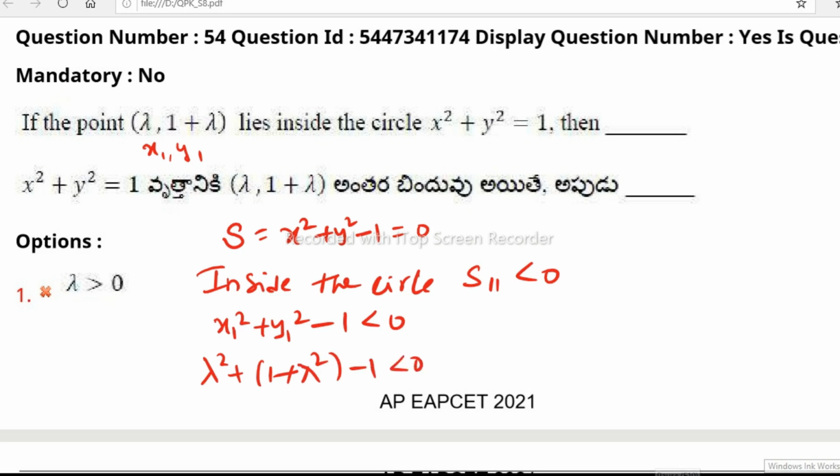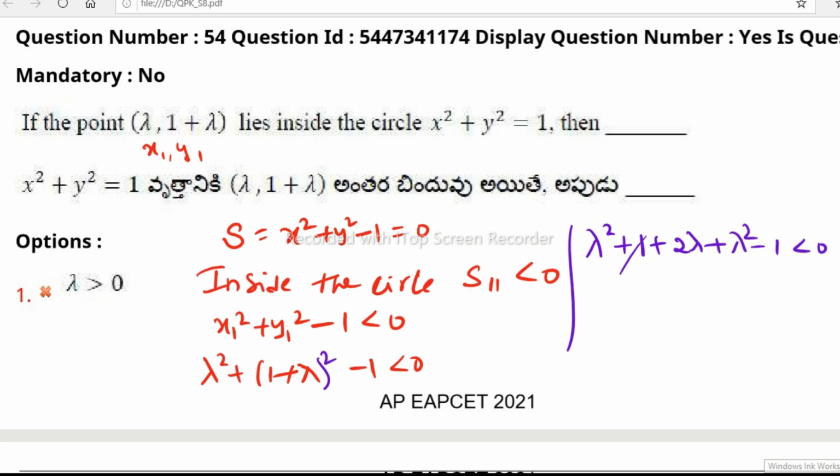Further calculation, we will see. This is lambda square plus (1 plus lambda) whole square, that is, 1 plus lambda whole square, I am writing once, minus 1 is less than 0. By the expansion, using the (a plus b) whole square formula, 1 square is 1 plus 2 lambda plus lambda square, with minus 1 is less than 0.